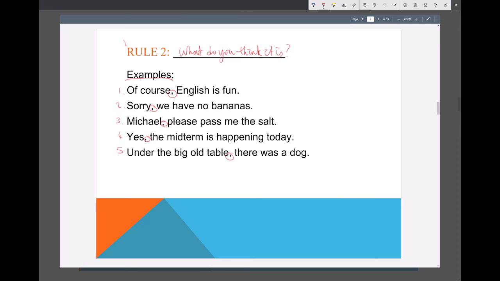Of course, comma, English is fun, period. Number 2, sorry, comma, we have no bananas. Number 3, Michael, comma, please pass me the salt. Number 4, yes, comma, the midterm is happening today. Number 5, under the big old table, comma, there was a dog. Let's take a pause for this part and see where the commas are placed, and see if you can figure out what rule it is.